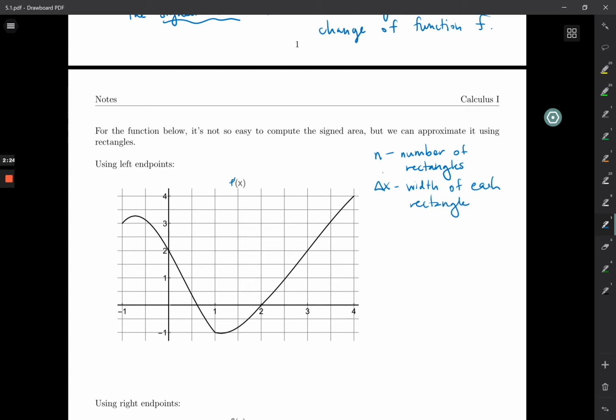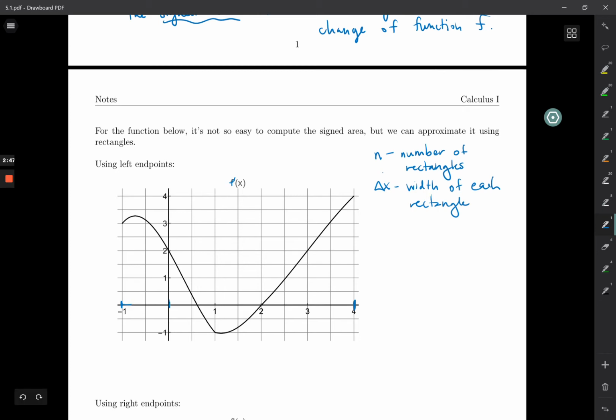Okay, so here we're going to use 5 triangles, or sorry, not triangles, rectangles. We'll use 5 rectangles to approximate the area. And so this will be starting from -1, we'll go all the way up to 4, and we'll just jump by 1 each time.